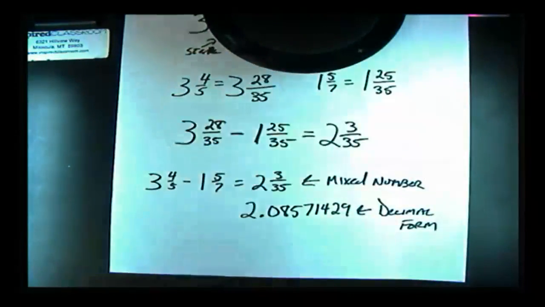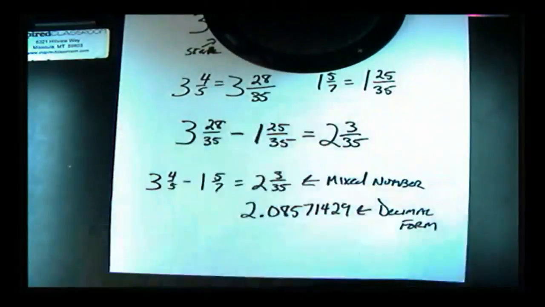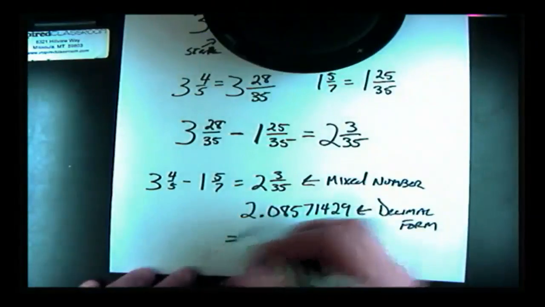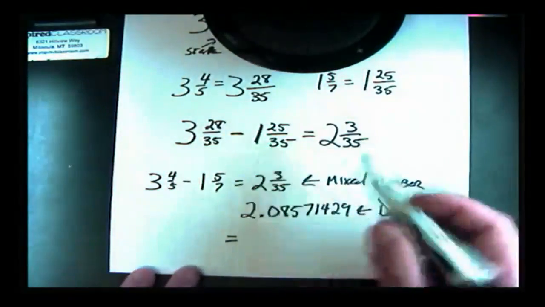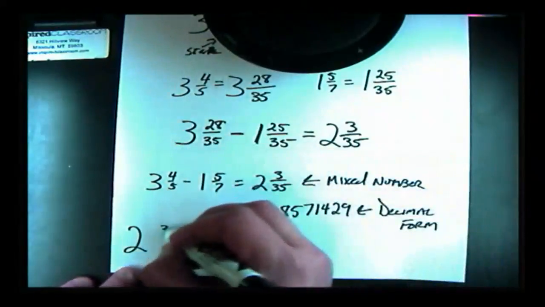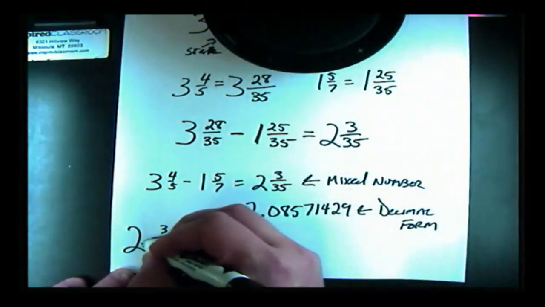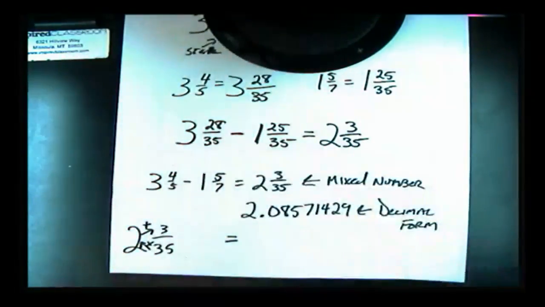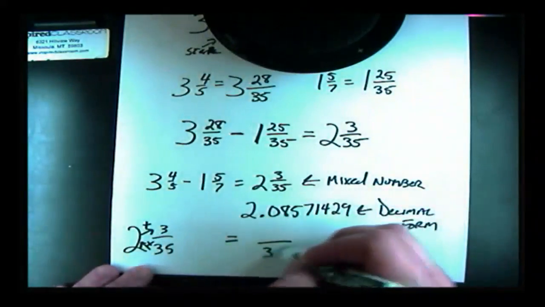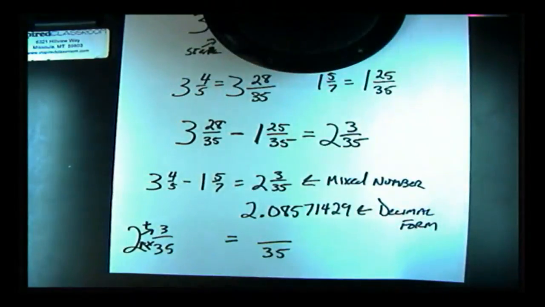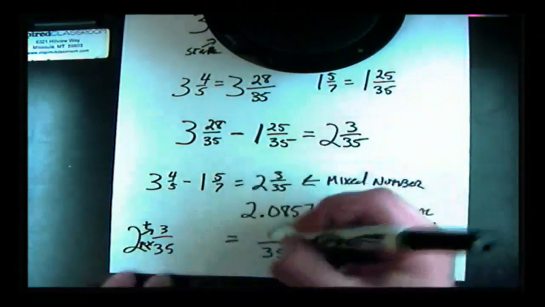And the last thing that I can show you is to change mixed numbers into improper fractions, which can be done by multiplying this way and adding this way, and it's over our denominator already. 35 times 2 is 70, plus 3 is 73.